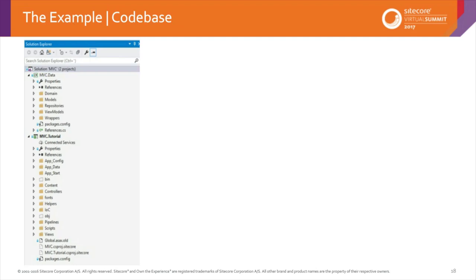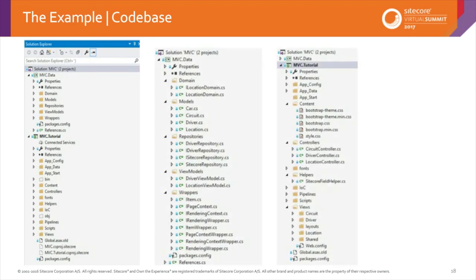In the files, in the two different projects, you had various business intents all mixed up, some data, some in the MVC Tutorial project, and all front-end implementation in the MVC Tutorial project.